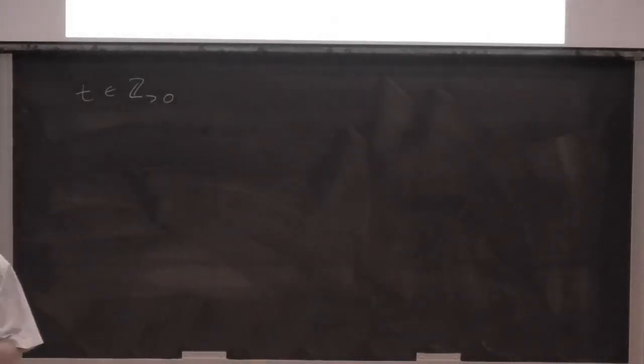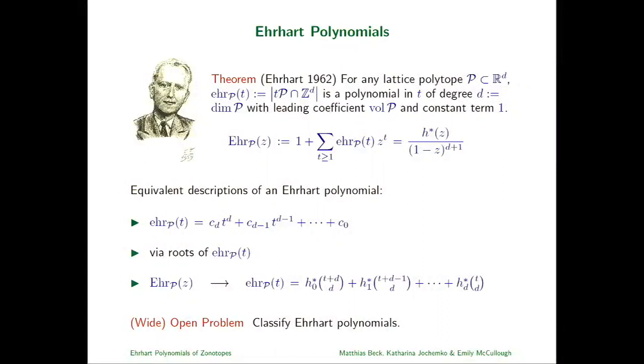I think of t as an integer because I don't want to destroy structure. My vertices are lattice points, and so if I'm dilating by an integer, I get lattice points again. This is Ehrhart's famous theorem, that Raman proved in bigger generality: this is a polynomial. Once you realize it's a polynomial, the degree has to be the dimension.